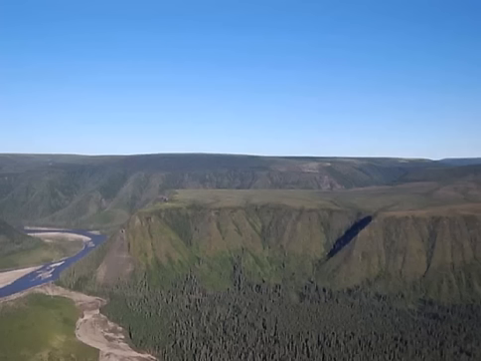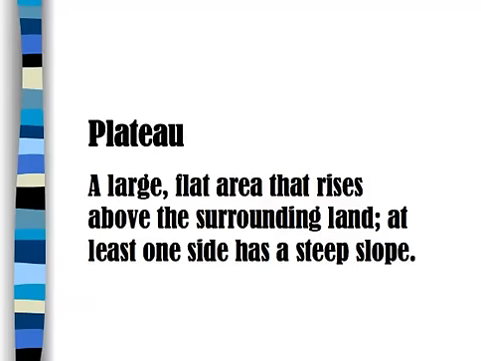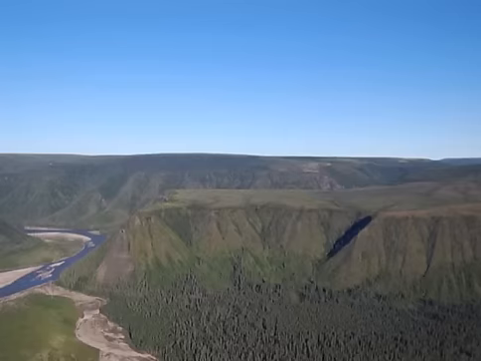Do you know what this is? Again, it looks a little bit similar to a mesa, but it's not. This is known as a plateau. Now, a plateau is a large, flat area, right here, that rises above surrounding areas, down here. At least one of the slopes has a steep side.